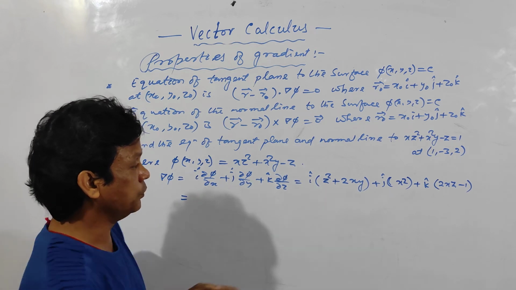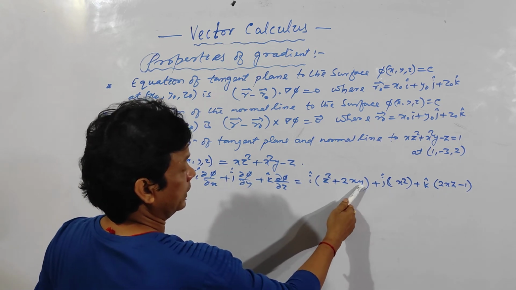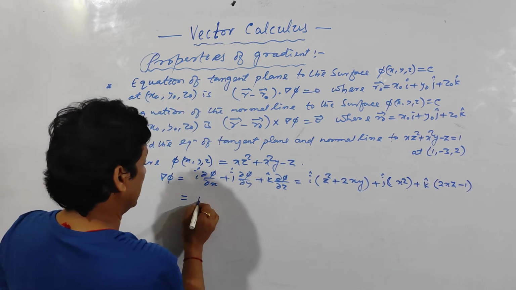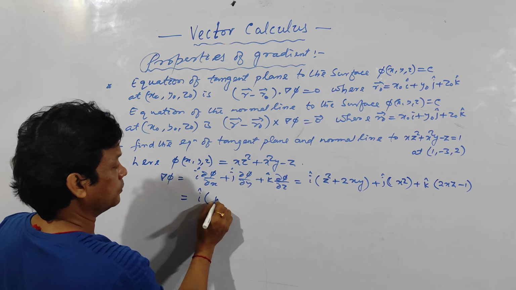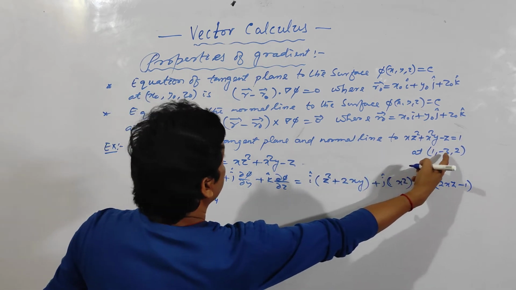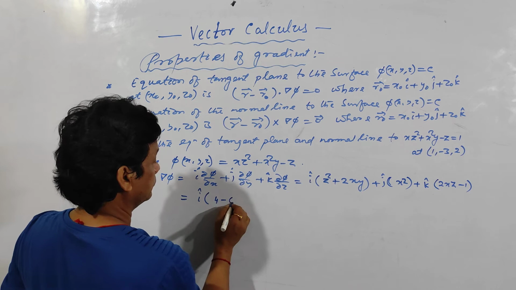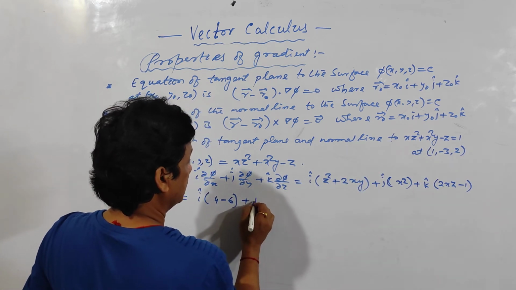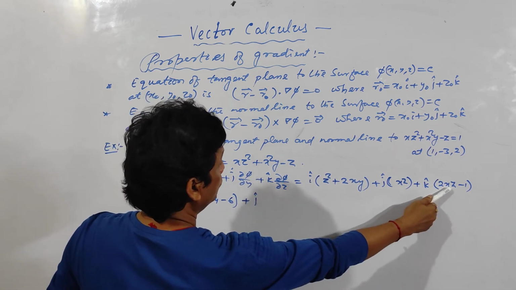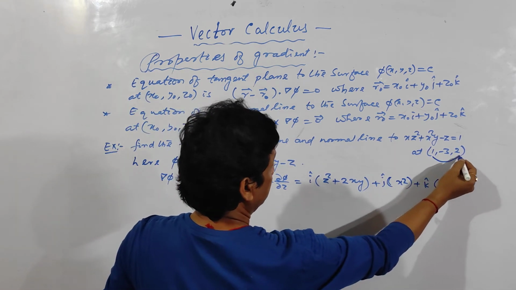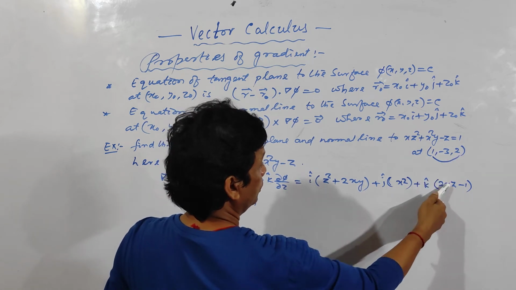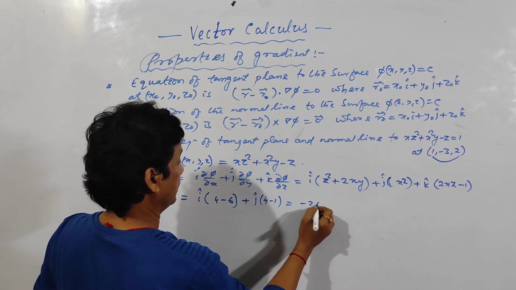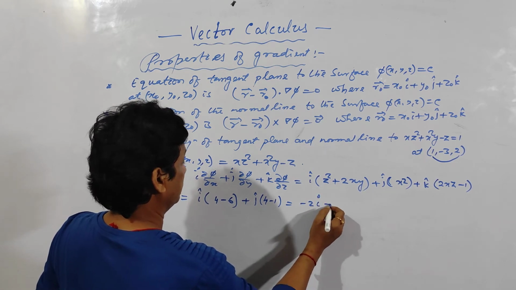So 2 square is 4 and 2xy, minus 6. So i cap, see here, 2 square is 4 and 2 into 1 into minus 3, it is minus 6. Plus x square, that means 1 square is 1, simply j cap, and this one 2xz, so 2 into 2 is 4. So 4 minus 1. It will be minus 2 into i cap plus j cap.